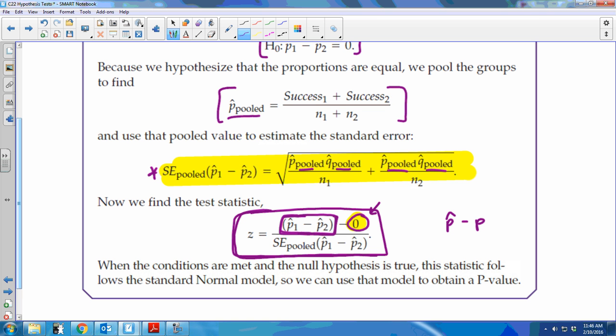Why is our parameter 0? What did we say the difference was in the null hypothesis? 0, right? So just like in chapter 20, we put what happened in the null hypothesis. Well, in the null hypothesis, we said there was no difference. So we say minus 0. And we divide by the standard error. Once we have z, we can find a p-value. Once we have a p-value, we can make a conclusion.